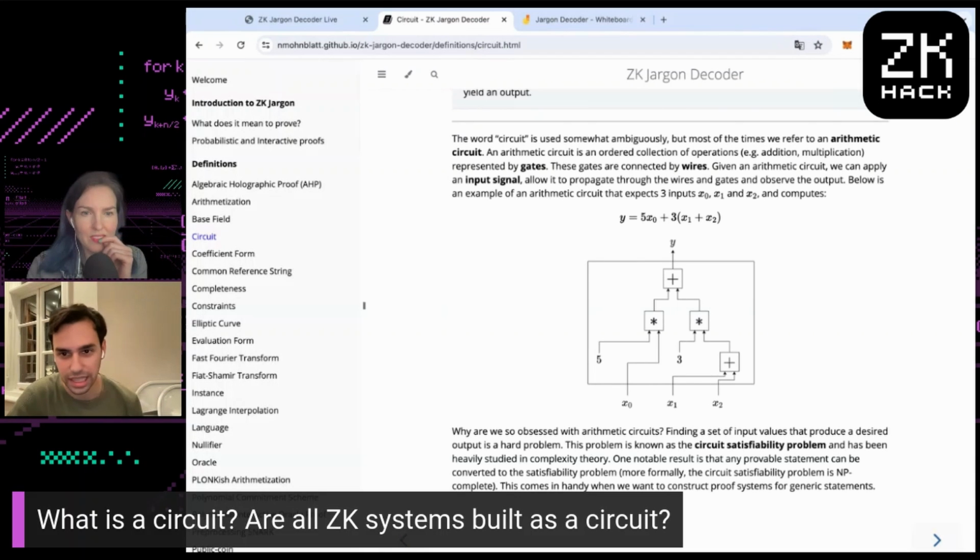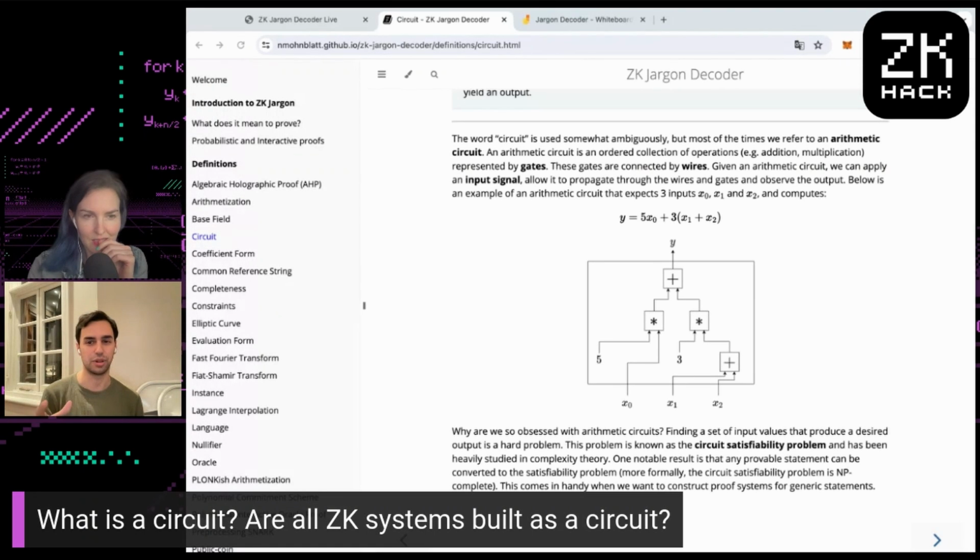Are all ZK proofs built on circuits? Like, is that the underlying mechanism for all ZKPs? No. The reason we like circuits is because we have found that any provable statement can be expressed as a circuit.